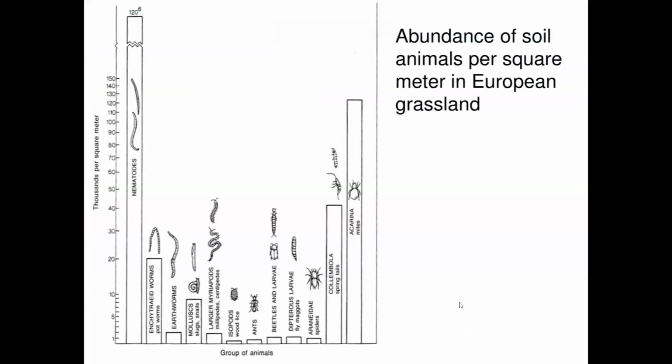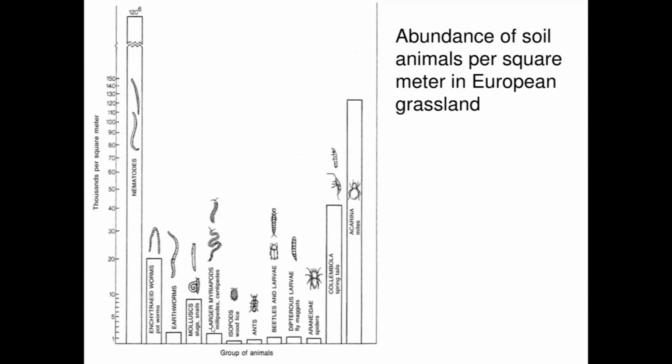So this is the chart I was referring to. I just have to run through it again. This is a bar chart, so you have different bars. The first bar, as you see, is the nematode bar, which is the tallest of them all, and then it's followed by the bar for the echiurid worms, the pot worms. Then the next bar is for the earthworms, followed by the mollusks, the slugs and the snails.